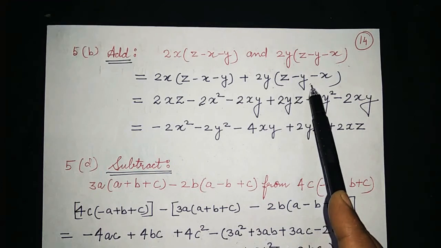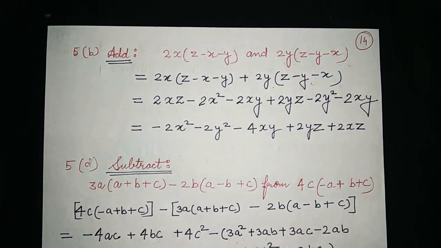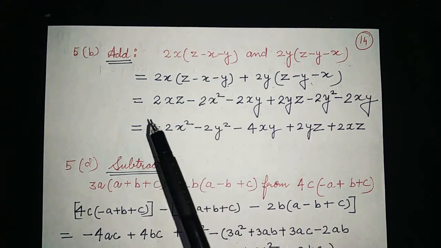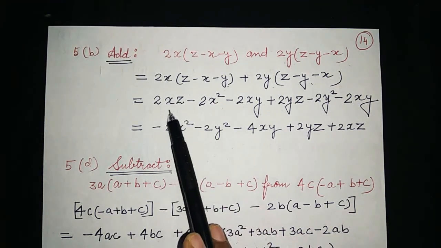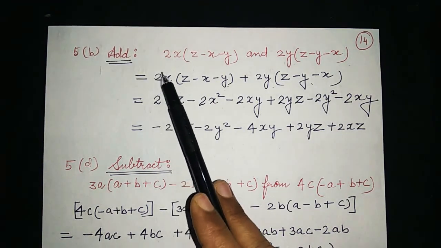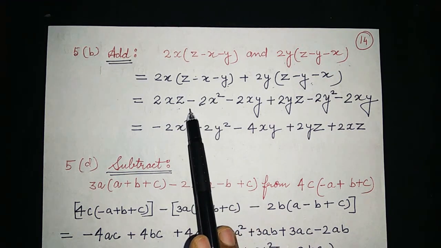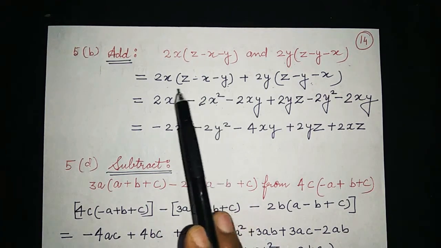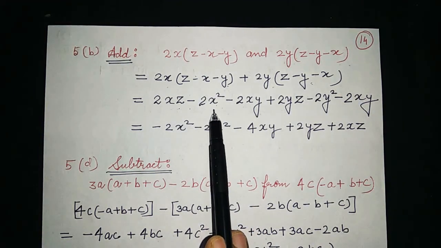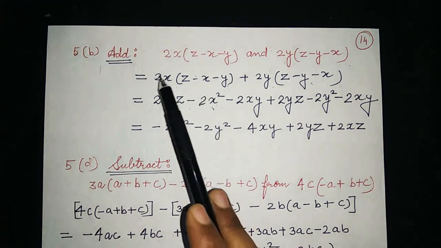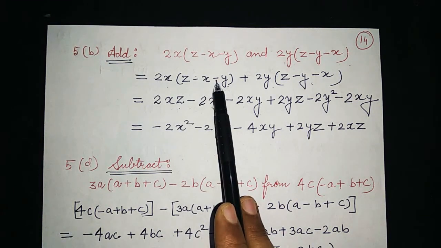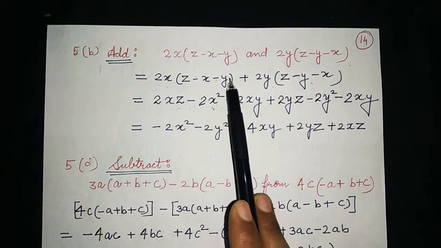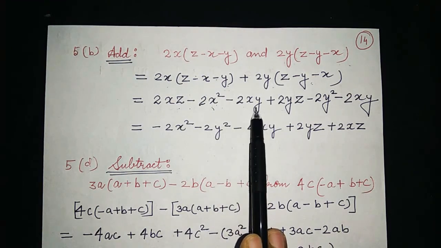And after writing both the expressions with plus sign, we will multiply first the first expression. 2x into z, we will write 2xz, plus minus, if we multiply we get minus 2x into x, we will write 2x square because the product will come 2x square. After this plus and this minus we will multiply, minus will come, and 2x and this y we will multiply, we will get 2xy.